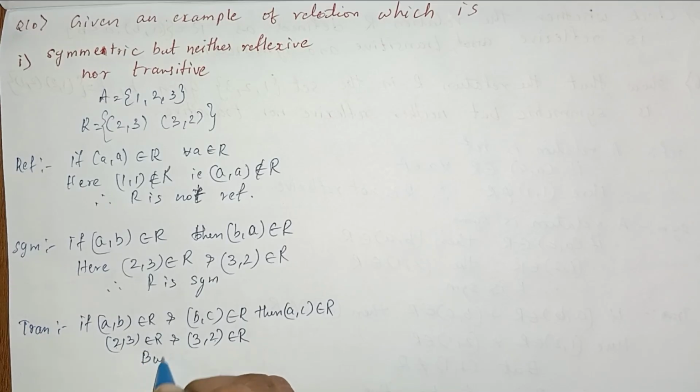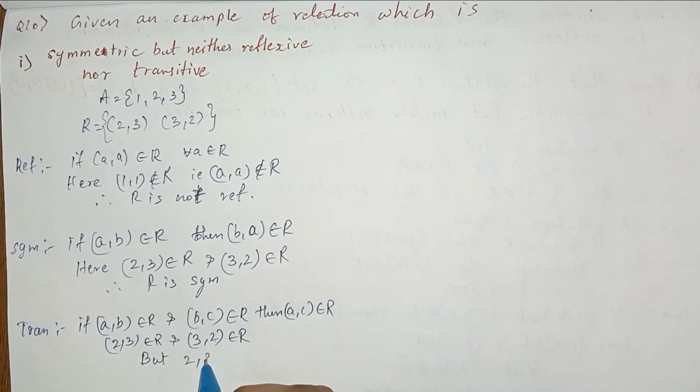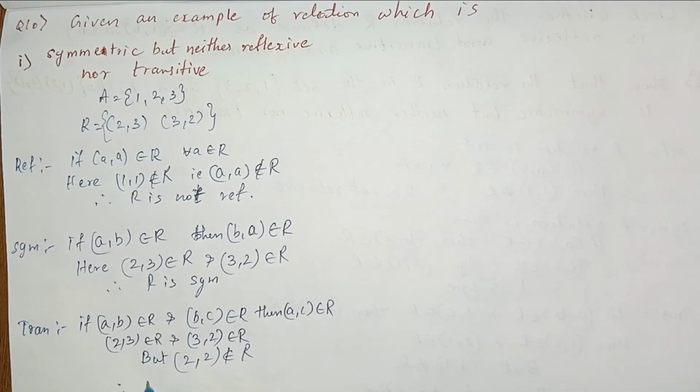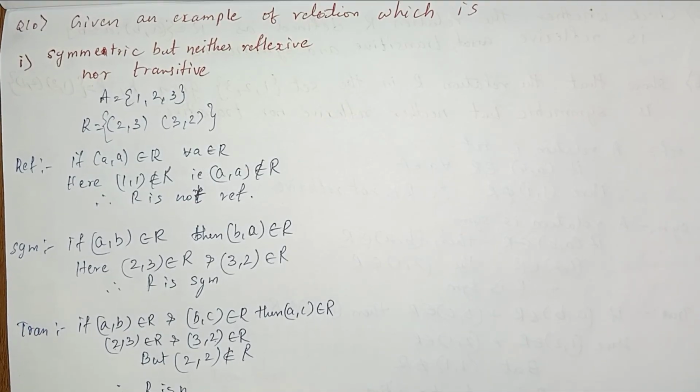But (2, 2) does not belong to R. Therefore R is not transitive.